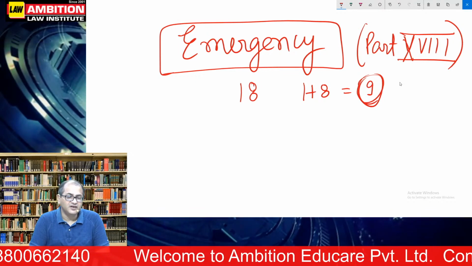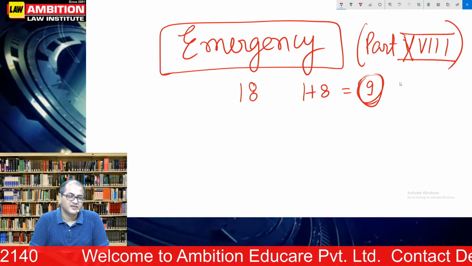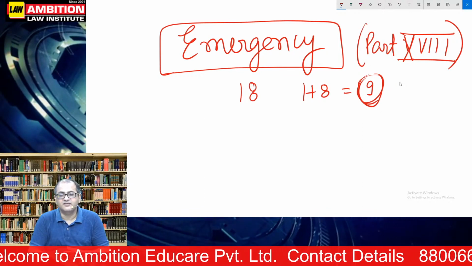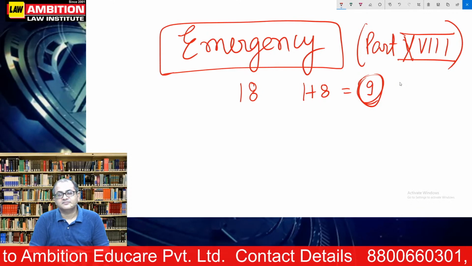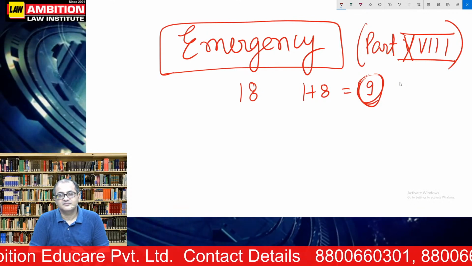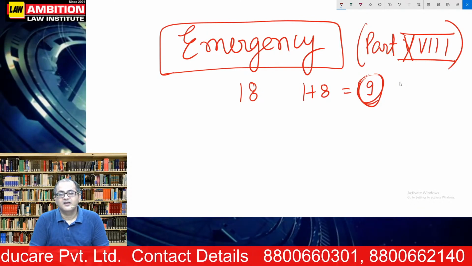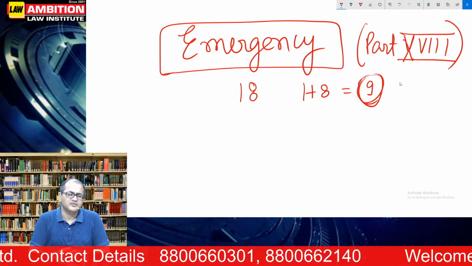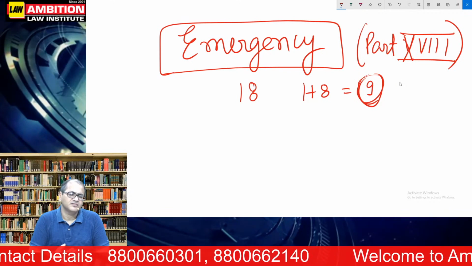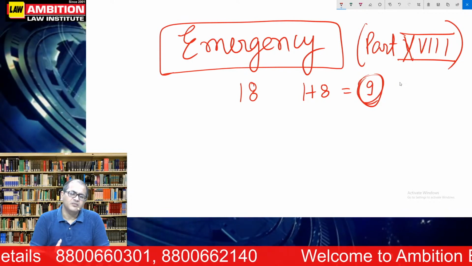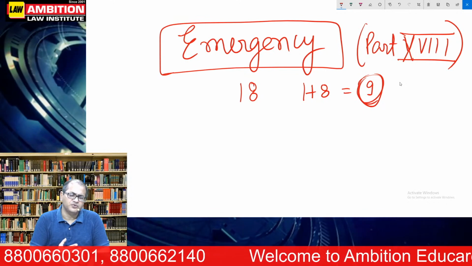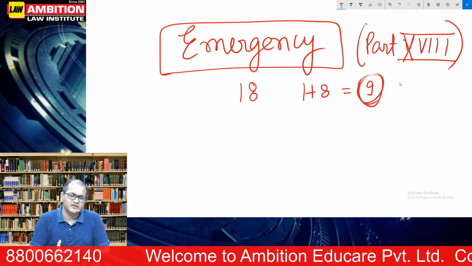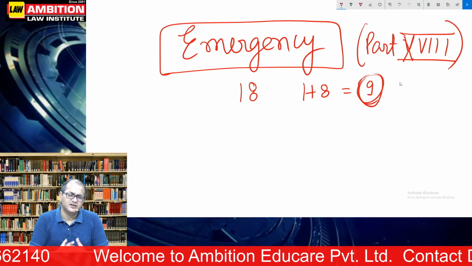You can raise many questions, and it is not very difficult to answer all these questions, I must tell you. Why was one emergency in operation, which was imposed in 1971, and then why did Indira Gandhi bring another emergency in 1975? What was the need?